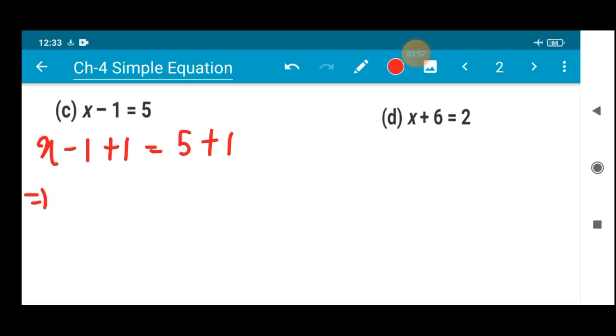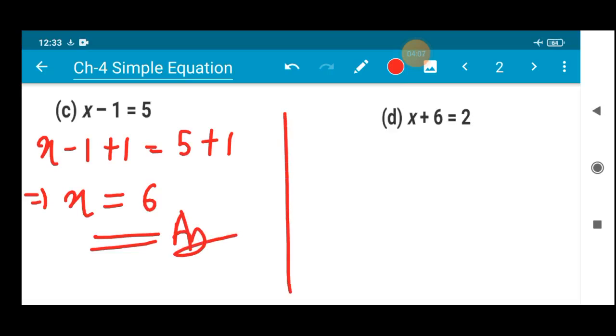Next, x minus 1 plus 1 is equal to 0, so nothing is left except x. So 5 plus 1 is 6, and the value of x is 6. Very easy one. Next one, x plus 6 is there, so I will be subtracting 6 on both sides, with 2 minus 6 on the right hand side.